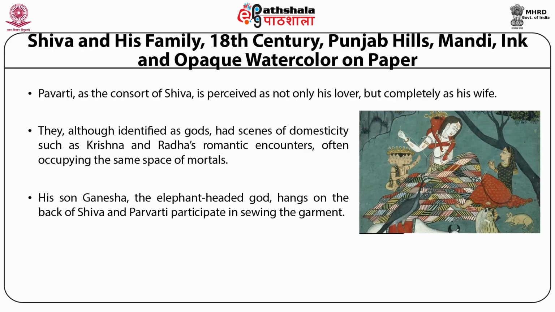His son Ganesh, the elephant-headed god, hangs on the back of Shiva, and Parvati participates in sewing the garment. It is important to see that Shiva's family includes not only Shiva, Parvati and sons but also Shiva's vehicle Nandi and his snakes, Parvati's lion, Kartikeya's peacock and Ganesha's mouse.